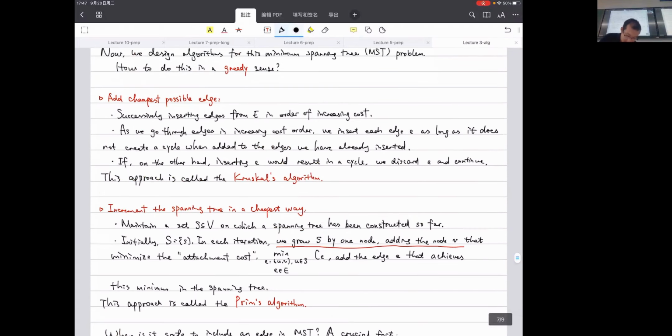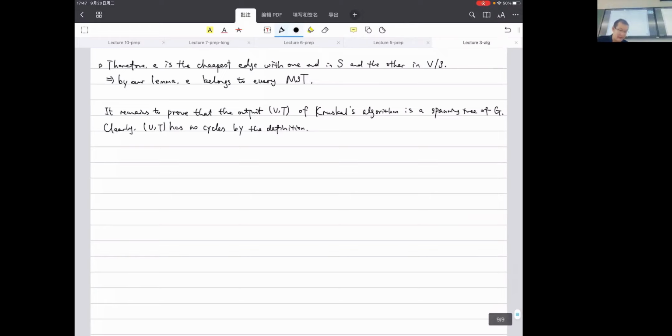Each time an edge would result in a cycle, we discard the corresponding edge. So by the definition of Kruskal's algorithm, we should never have any cycles. The only remaining thing that we need to confirm is that T is connected.